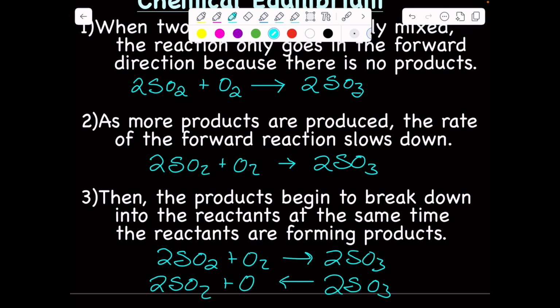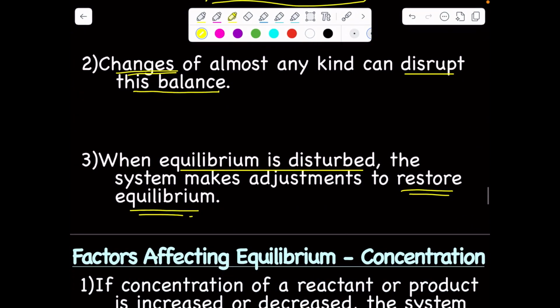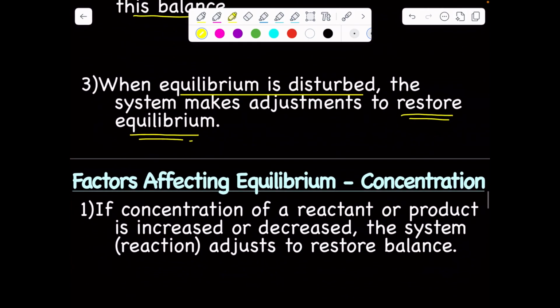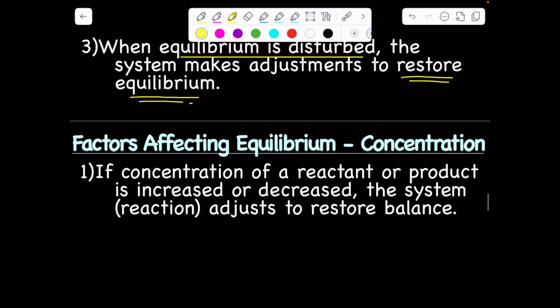and remaking our reactants. So the rest of the unit is going to be about factors affecting equilibrium, and today we're going to learn about concentration. If the concentration of a reactant or product is increased or decreased, the system or the reaction adjusts to restore balance.